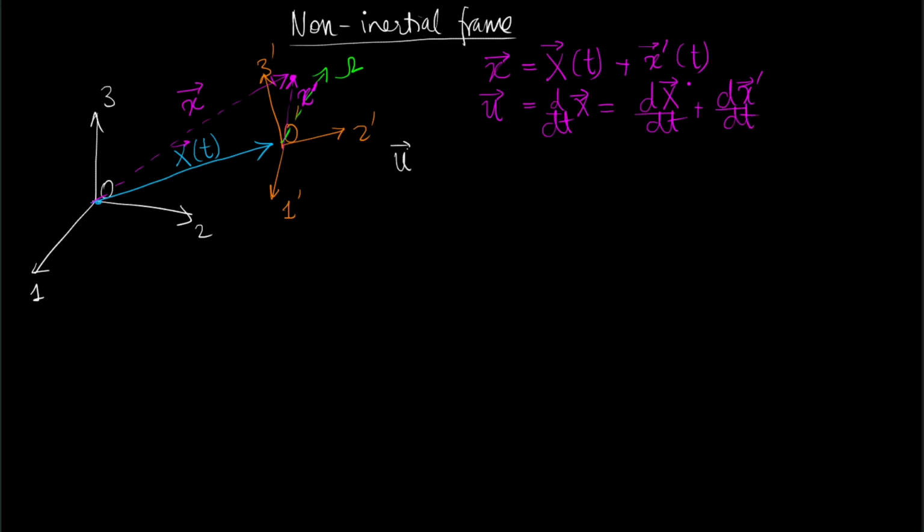and therefore u is equal to, now dX/dt is like the velocity with which the non-inertial frame is moving.